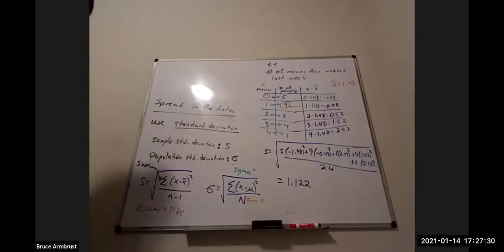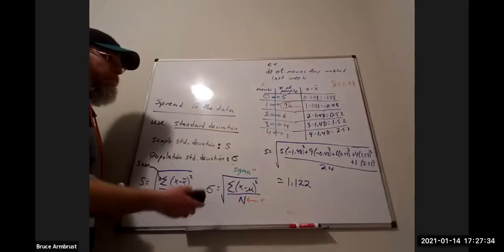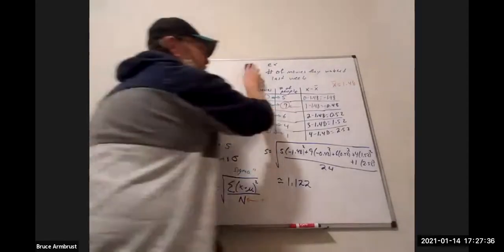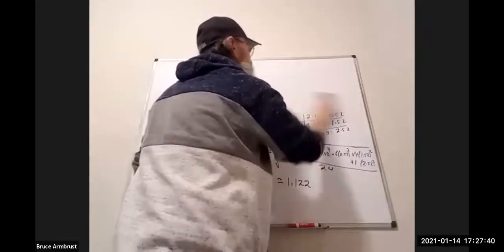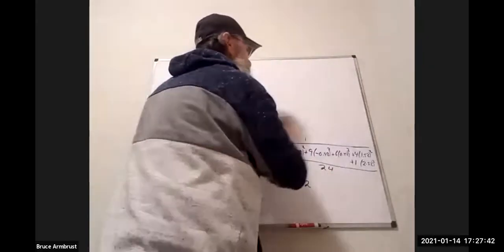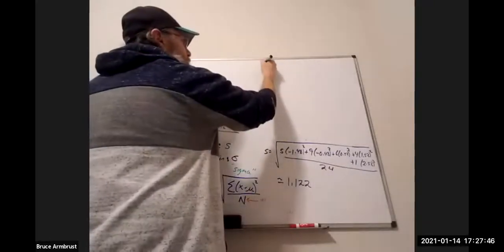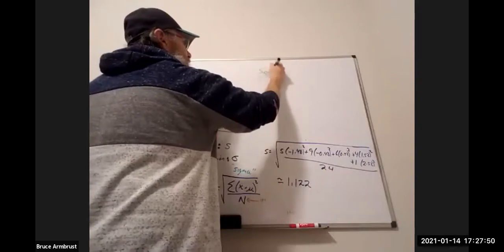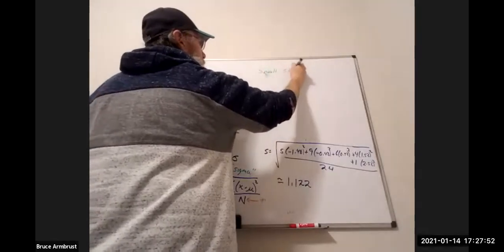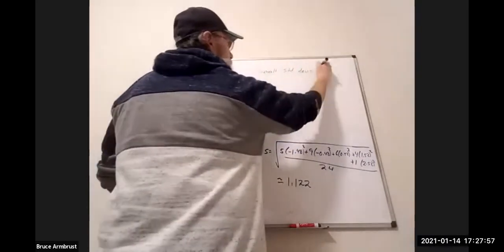All right, so really the way to think about this, and what this tells you, I think I'm done with our chart of all the data, so let me just erase this. So small standard deviation means little spread.